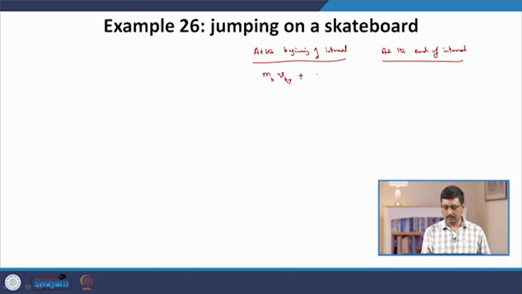Skateboard was stationary, so this was 0. At the end of the interval, there is no y component of momentum of the boy or the skateboard, so this is 0. Now, note that we cannot equate them because there are external forces in this direction. So, we have to remember our principle that the change in momentum in a time interval delta t is equal to the net force acting on a system, and this is our system.